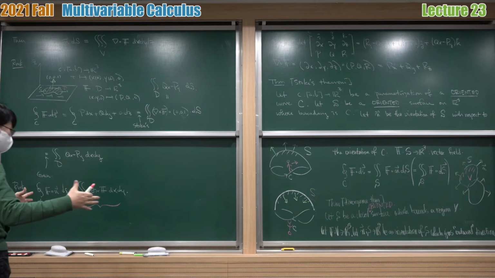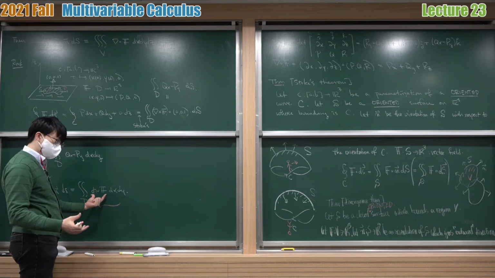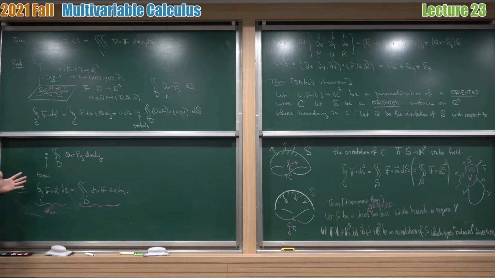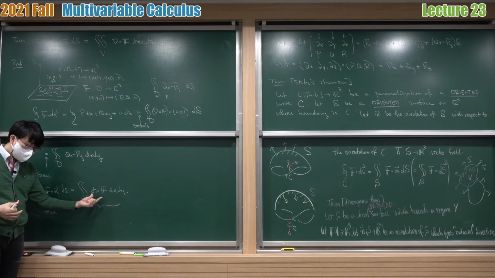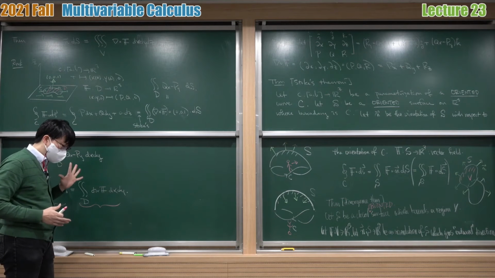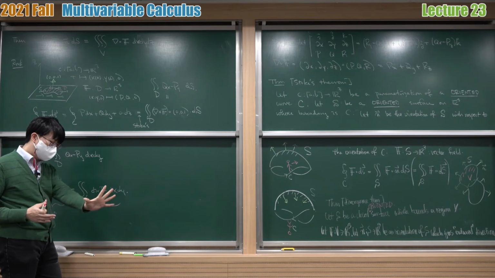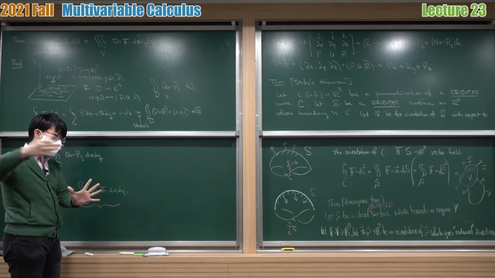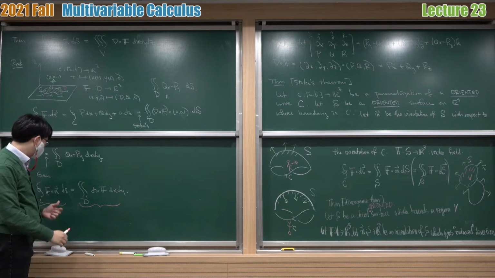So the flux will be 0. But if there's some positive expansion inside of the curve C, then whatever flux flows inside will be expanded and more will come out, right? So we have a positive flux.